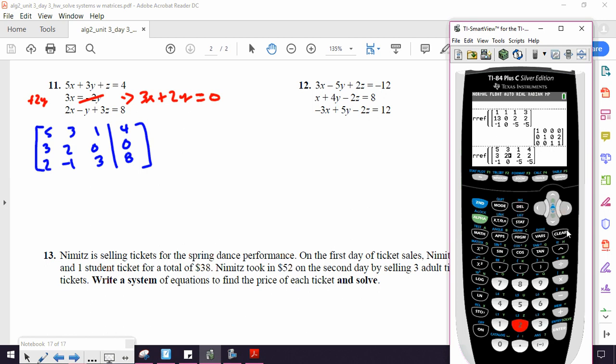I need a 2 and a 0 and a 0. Delete the negative 2. I need to add a negative 1. Delete the negative 3. Delete the negative and an 8.